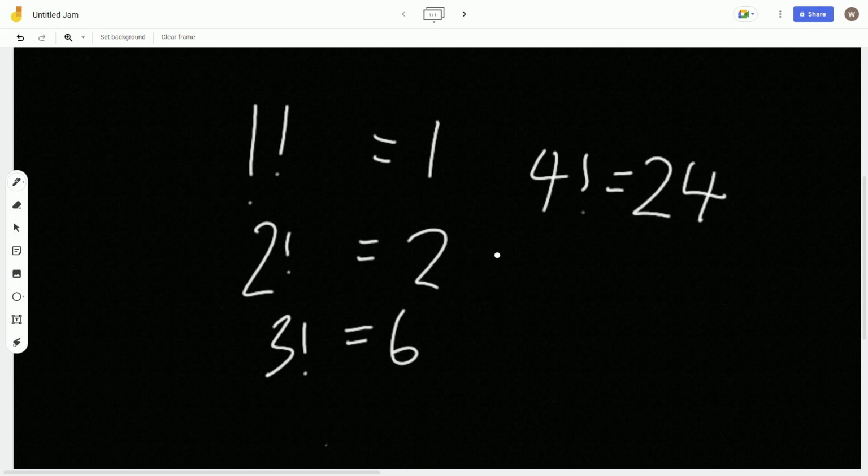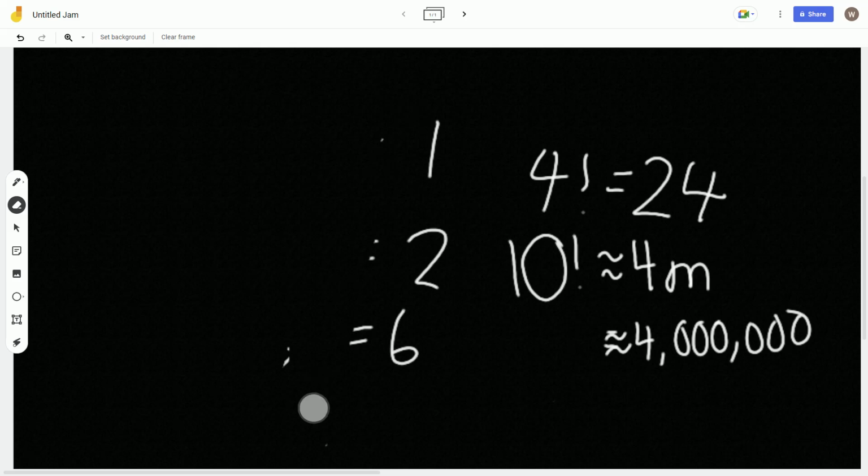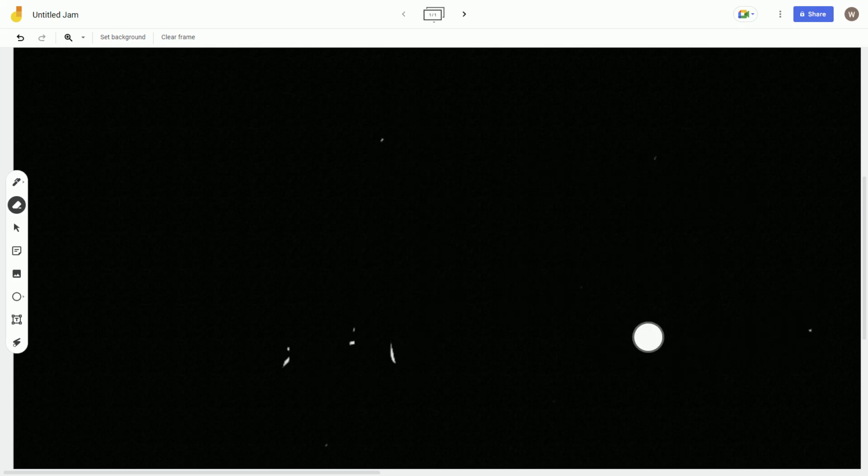And somehow, factorials get really large, like 10 factorial. 10 factorial equals roughly 4 million, which is roughly about this. And it's only 10. Now, to put things in perspective, 10 factorial is roughly about 4 million.